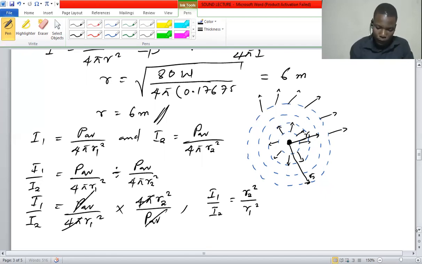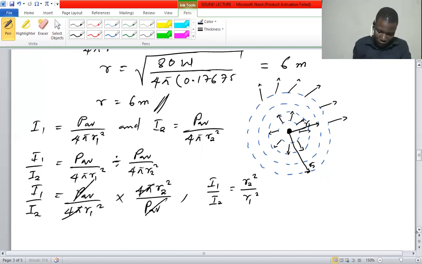So this ratio of intensities at two spherical surfaces, it cannot only be found in sound. You can also find it even in other waves, electromagnetic waves, light waves. You have this ratio of intensity. So that's how a spherical wave is produced.